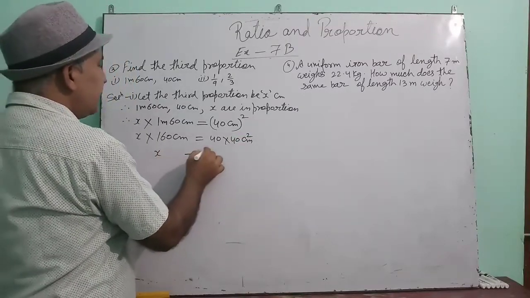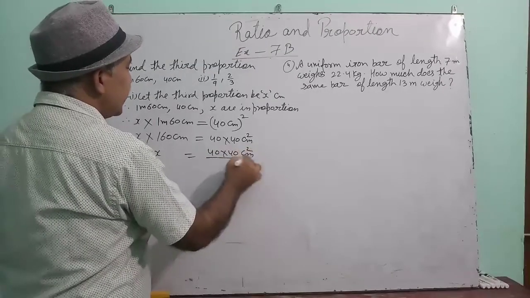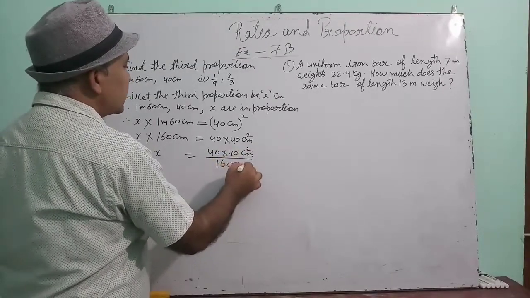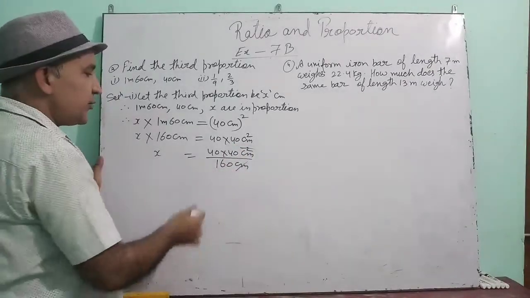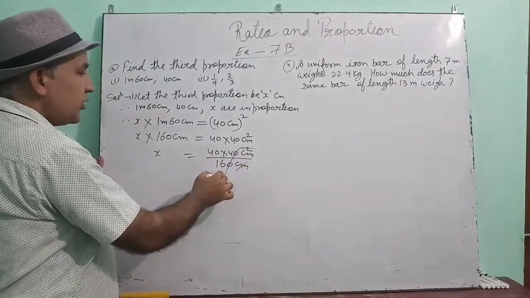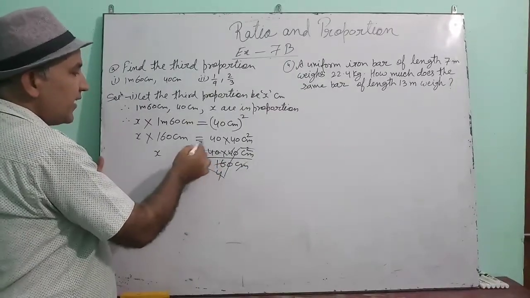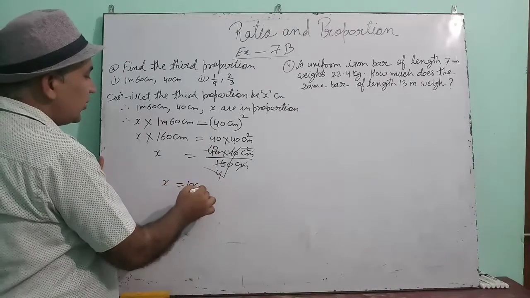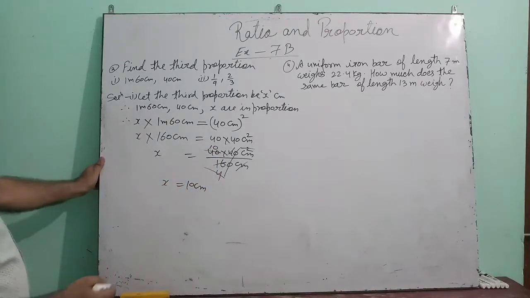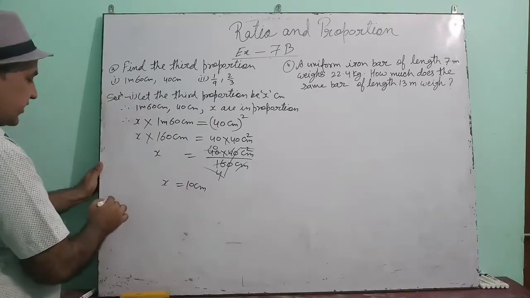So what will be the value of x? 40 into 40 centimeter square upon 160 centimeter. Cancelling the centimeter, 0 with 0, and dividing 160 by 4 and 40 by 4, then by 10, x is equal to 10 centimeter. That means in the first part, the third proportion is 10 centimeter.